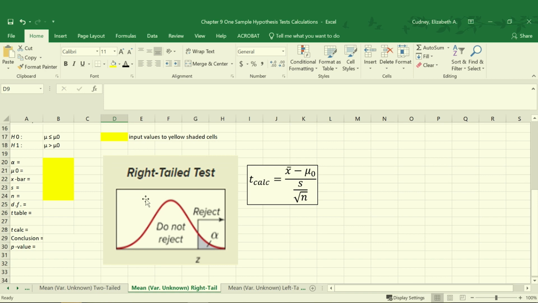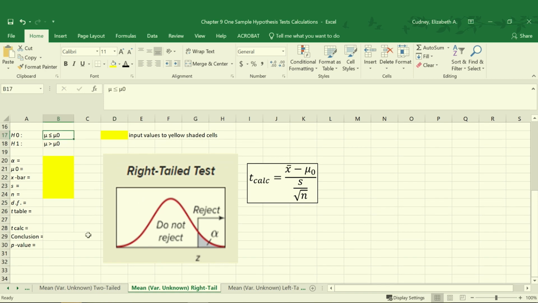Based on that information, we're going to set our null hypothesis that the mean, or mu, is less than or equal to mu naught. And the alternative hypothesis would be the opposite, which is that the mean, or mu, is greater than mu naught. Our alpha value is 0.05 based on the problem.